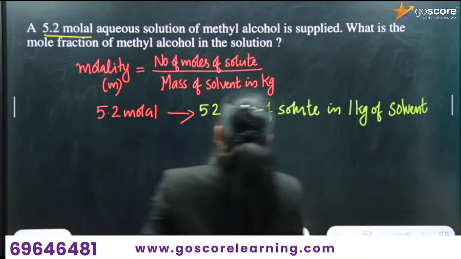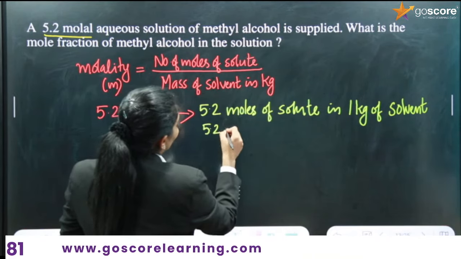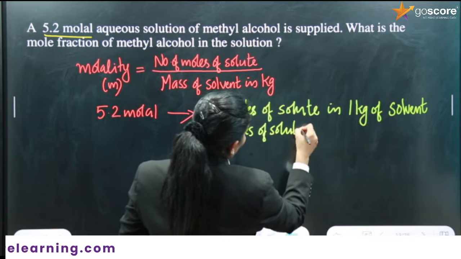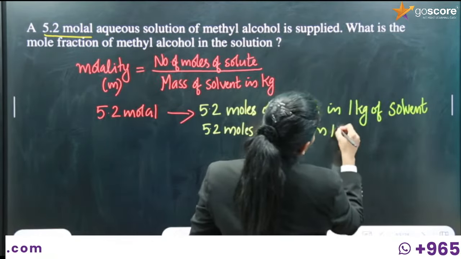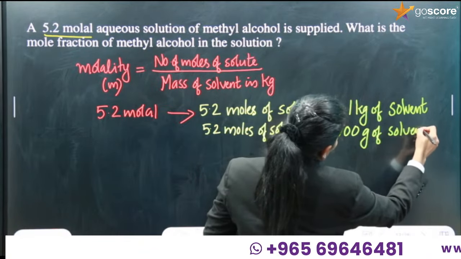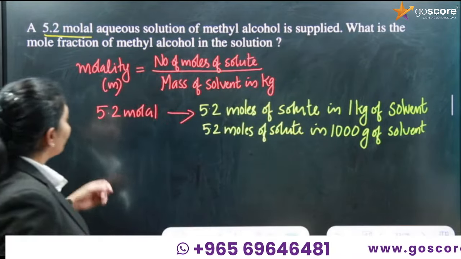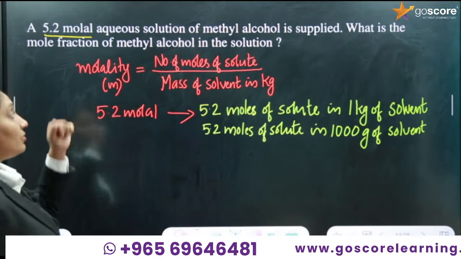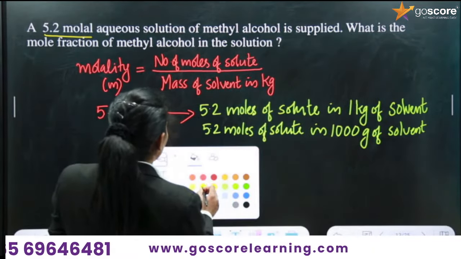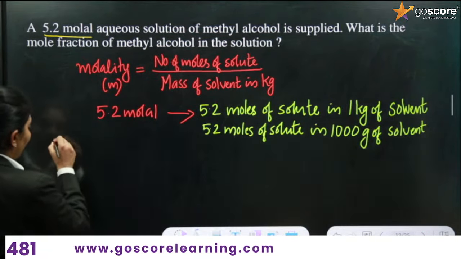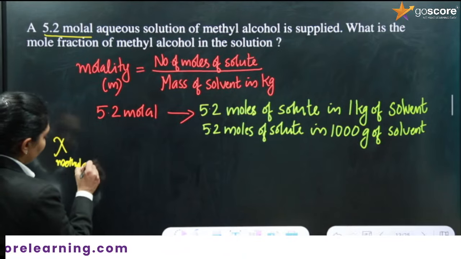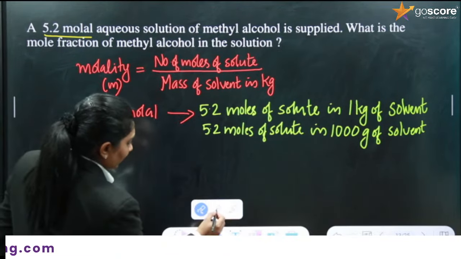So we can write it as 5.2 moles of solute in 1000 gram of solvent. What we actually want to find out is the mole fraction of methyl alcohol, or we can write it as methanol.